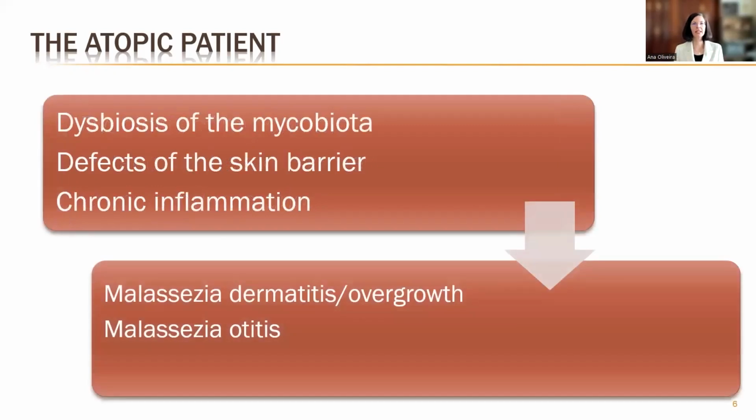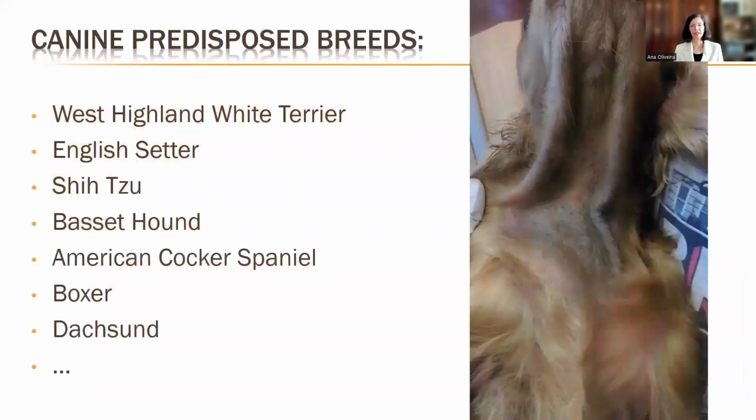So everything taken together, we will have clinically Malassezia dermatitis with inflammation of the skin, more inflammation, or Malassezia overgrowth, not much inflammation. And we can also have Malassezia otitis. Okay, so now we understand more about how this relation happens.